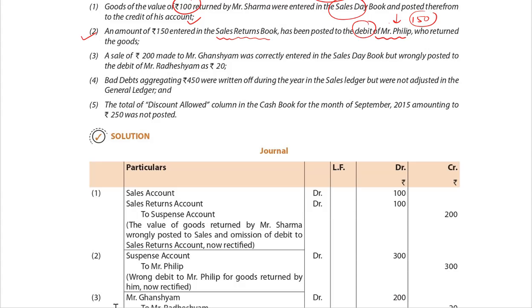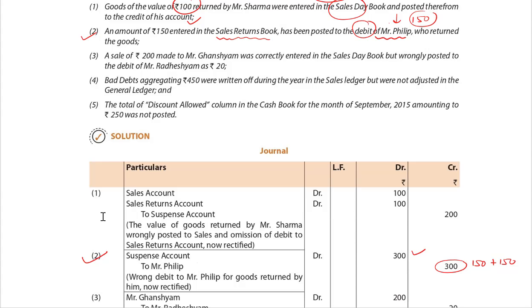So we will credit Mr. Philip by 150 now. Mr. Philip credit 150 plus the wrong entry that they have made in the debit. So again it would be 150. This is 150 plus 150, 300. On the debit side it would be suspense. I think it is clear.